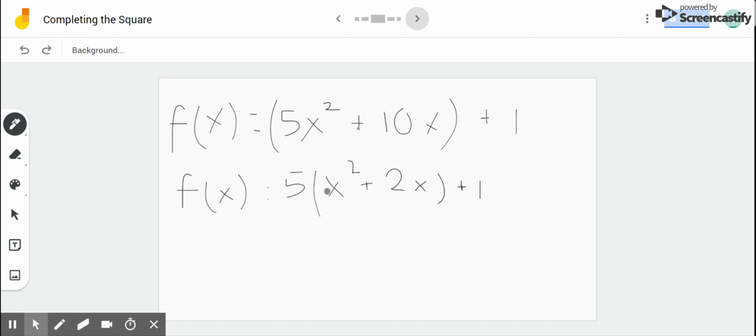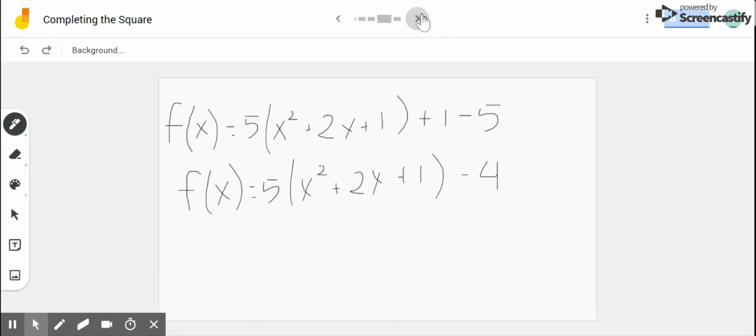Then when we factor out, it'd be 5 times the quantity x squared plus 2x, and then plus 1. It's easier to have x factor out by itself, so it's just 1 over here, because there's an imaginary 1. Don't forget about that.